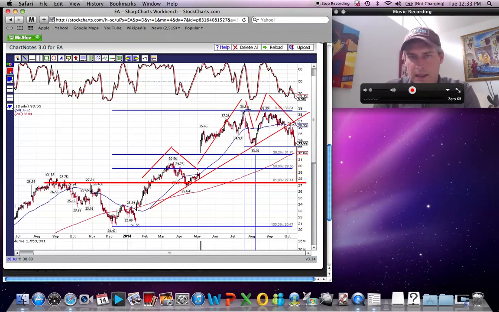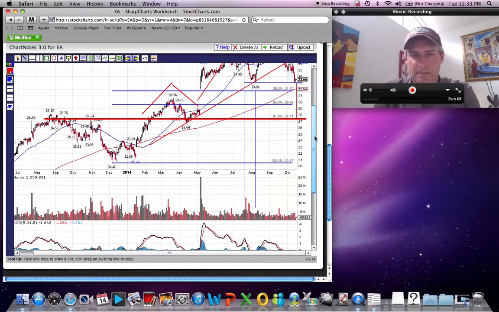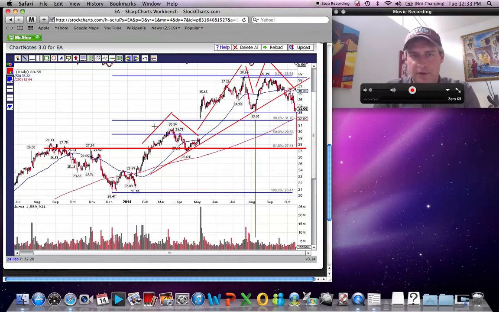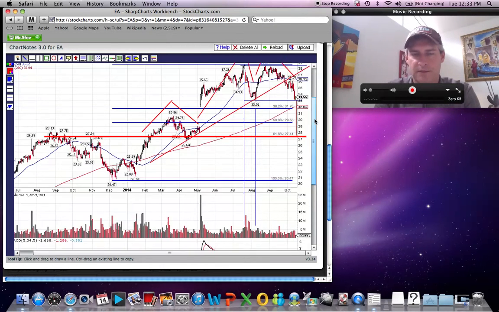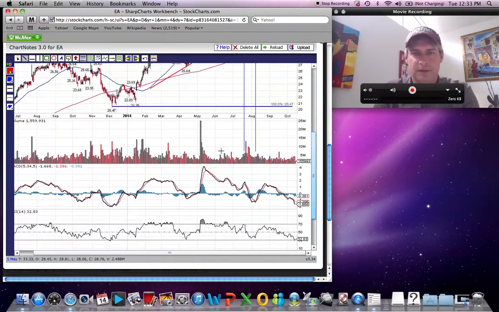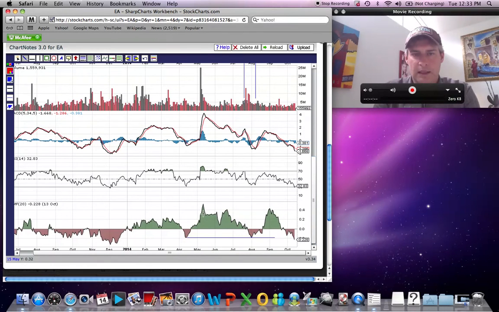Now, these things need to be volume confirmed. Generally, you'll have pretty good volume on the uptrend. The bottom pattern is a little different, but as it pushes up, you have decent volume with the trend until it reaches the top of the head. Which, if you look back here in May, you have a pretty good bar, and you've got the Kalki money flow pushing to new highs back in May.